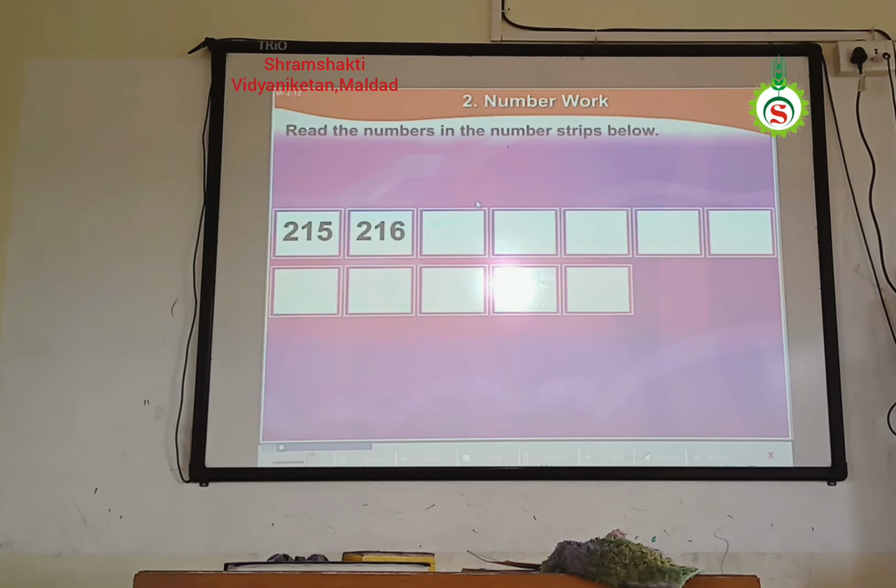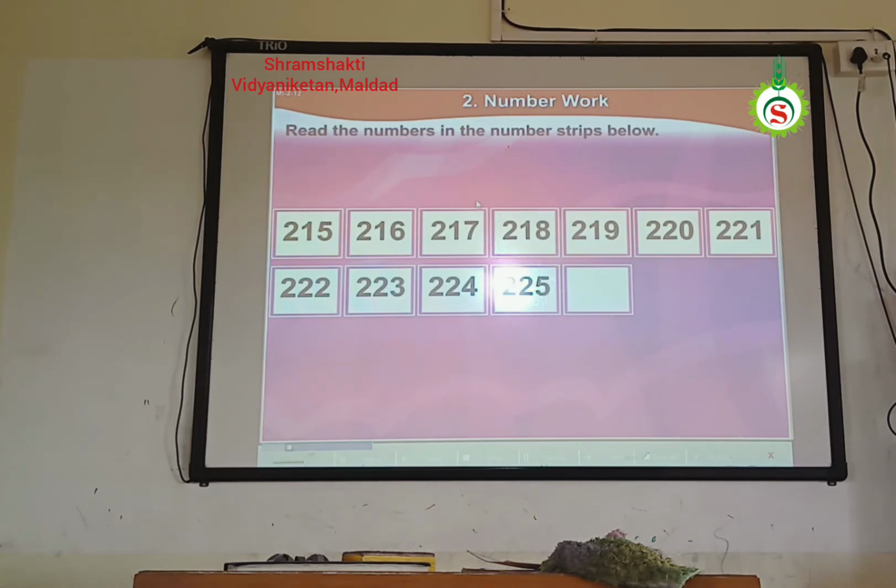250, 260, 270, 280, 290, 220, 221, 222, 223, 224, 225, 226.